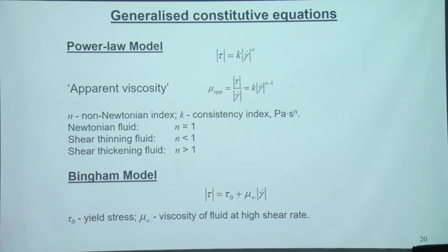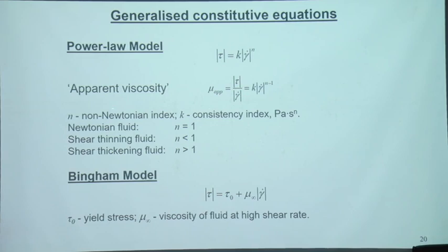The power law model says that the magnitude of the shear stress is related to the shear rate to the power of n. Very often we describe an apparent viscosity, which for a non-Newtonian fluid is simply defined as the ratio of the magnitude of the shear stress to the magnitude of the shear rate, as described here.